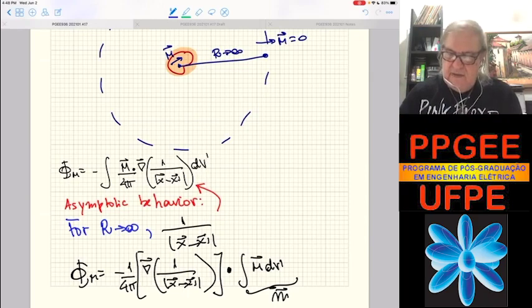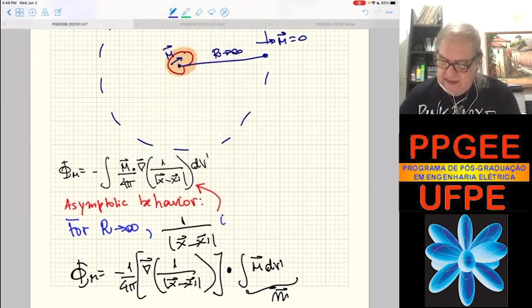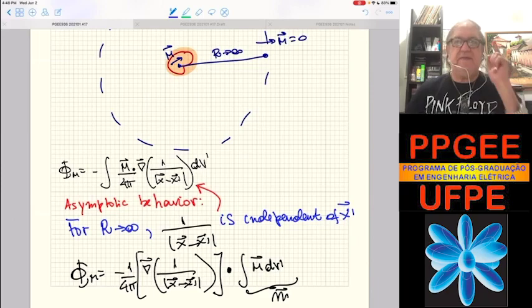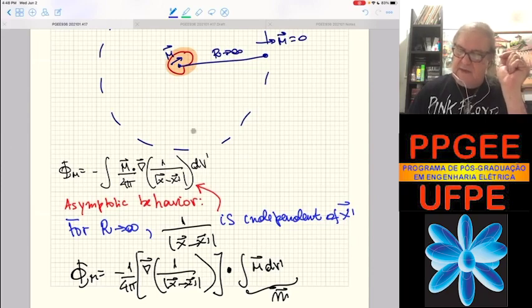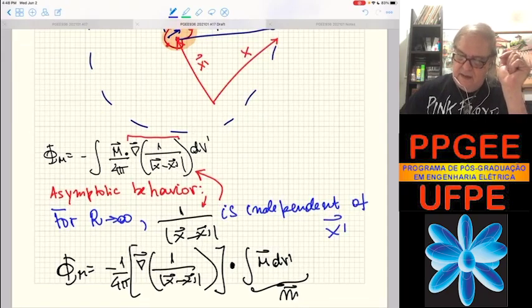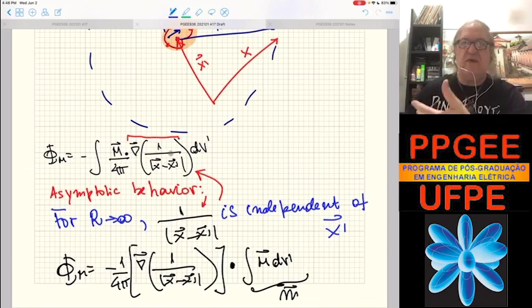Okay, so what we have to say here is that it is independent of x prime. X prime is a constant vector, doesn't change in the integral. So what it means is that you can remove this gradient from the integral. It can go out, comes like this.